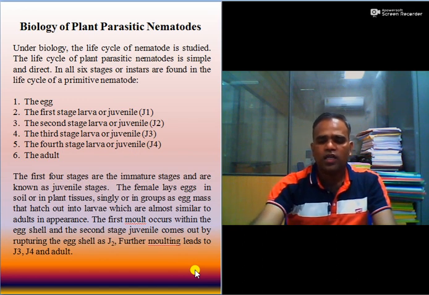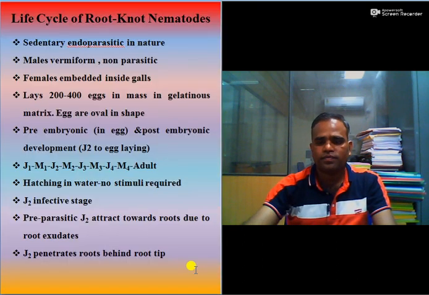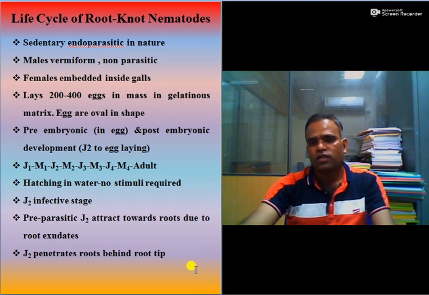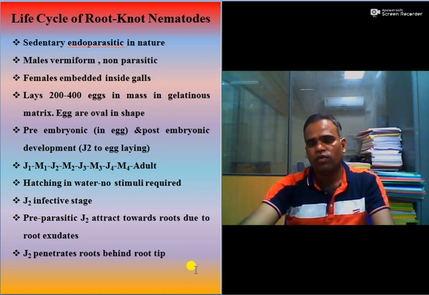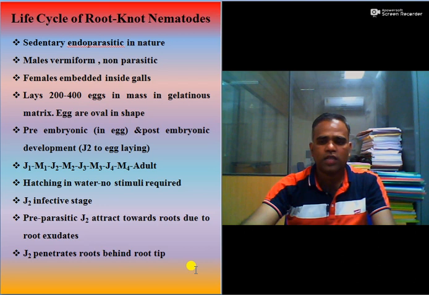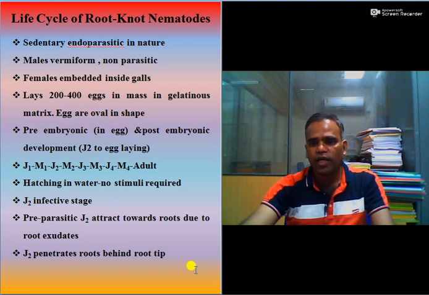So let us take one example to understand the life cycle easily. One may ask the life cycle of any one nematode. So we have taken here the root knot nematode. It is scientifically known as Meloidogyne incognita. It is one of the very important nematodes.